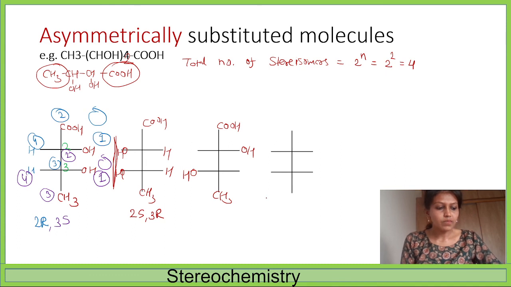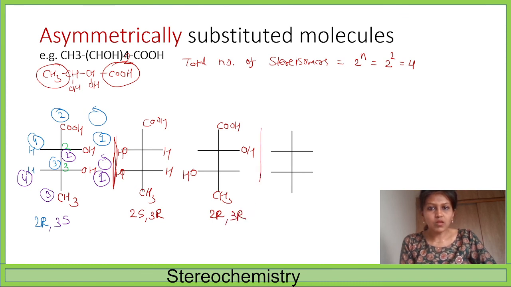So this has the same configuration, 2R, while the 3 carbon has OH on the left hand side, so 3S becomes 3R, right? Now the mirror image of this one, COOH, OH, OH, CH3. So the configuration is exactly opposite to this one, so 2S, 3S, right?